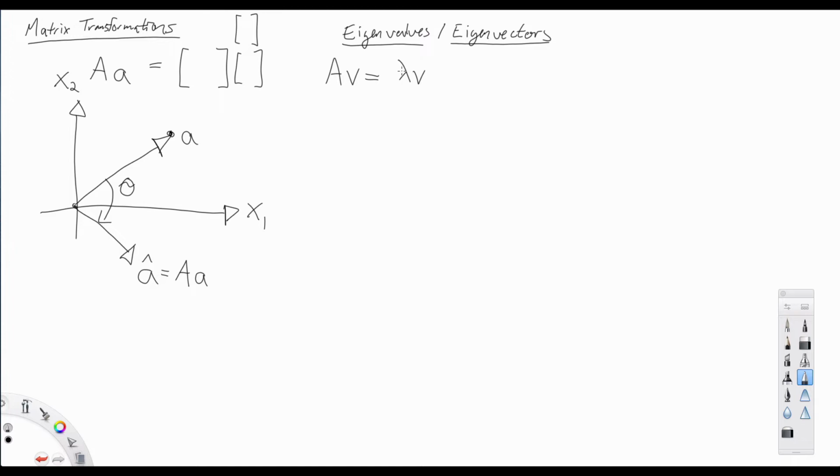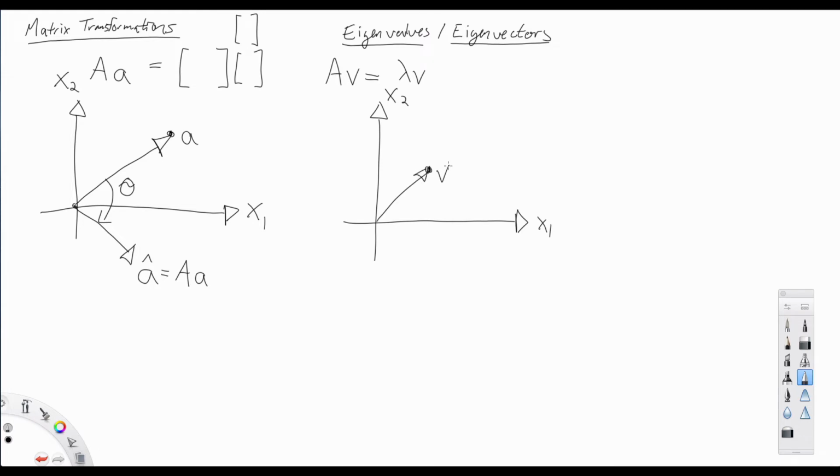So what does this mean in terms of matrix transformation? We can think about visually what this matrix transformation entails. Let's look at a few different examples.